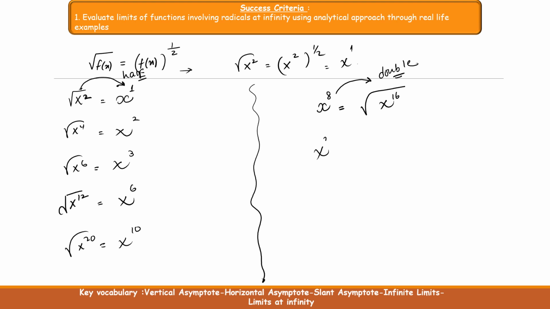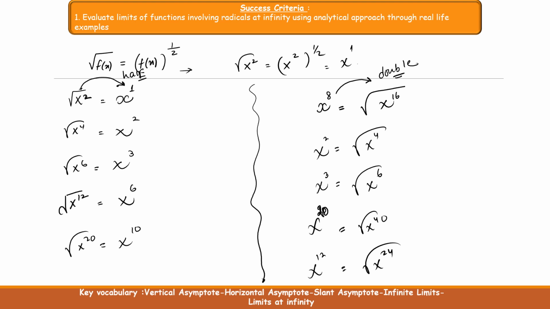So if I have x square, what do I write inside the square root? It will be double the 2, so 2 plus 2, 4. If I have x power 3, double the 3, so 3 plus 3, 6. If I have x power 20, double the 20, it will be x power 40. If I have x power 12, double the 12, 12 plus 12, 24.